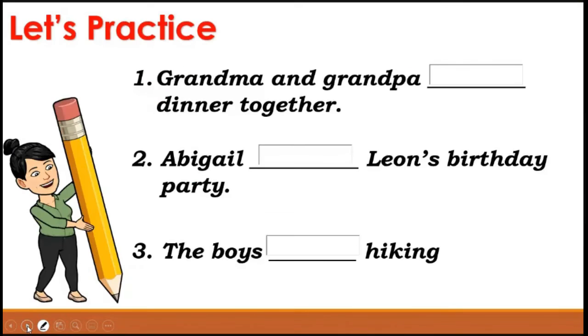Okay. Let's proceed. Let's practice. Give me the correct verb to complete our sentences. Grandma and grandpa blank dinner together. What verb are we going to use for this sentence to make it correct? Tama po, ate po.